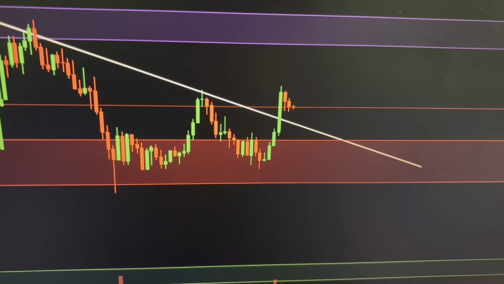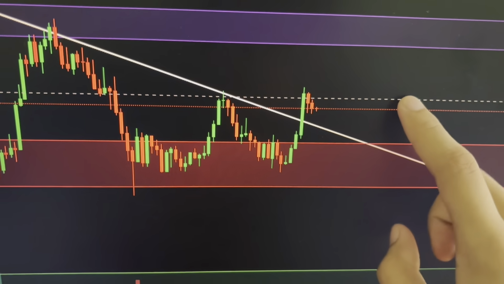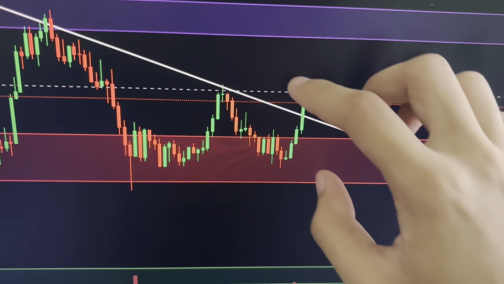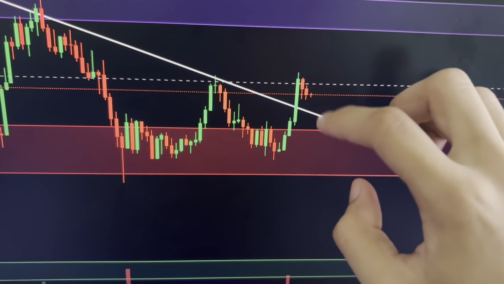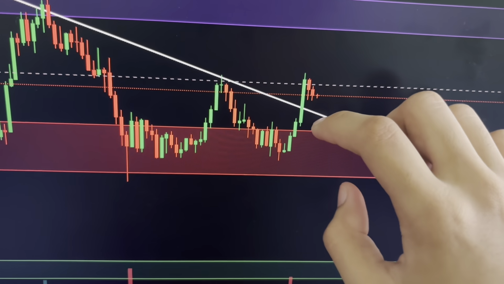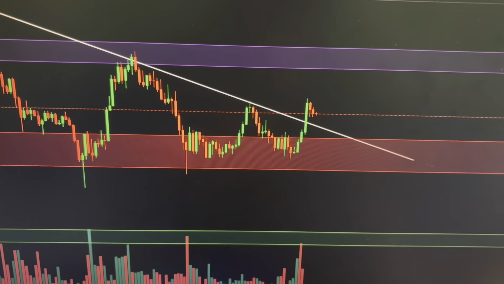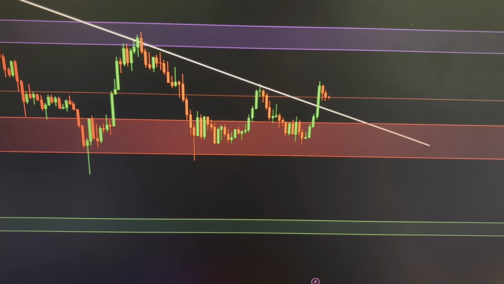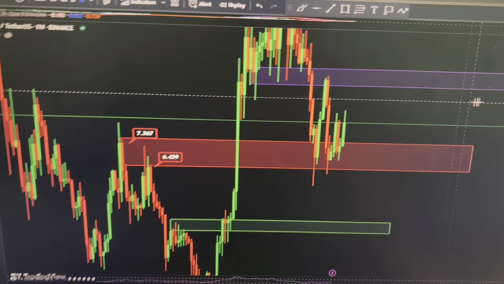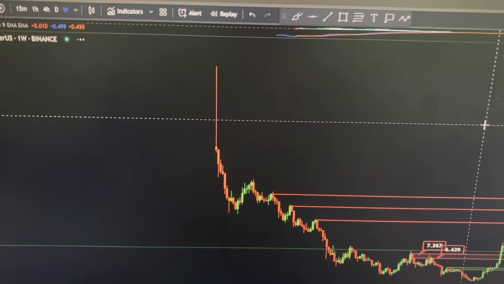So to avoid fake outs, we must wait for one more confirmation: if ICP has a retracement, it must hold this trend line as support to minimize the chances of this being a massive fake out.